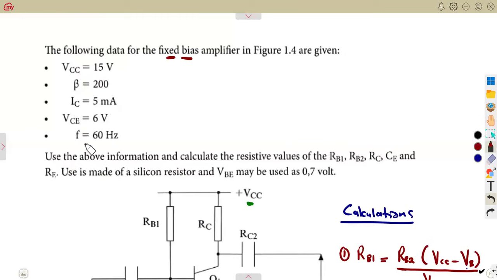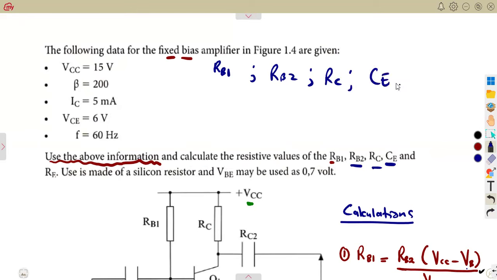the frequency. Use the above information and calculate the resistive values of, you are given to calculate, what? RB1. So you need to calculate RB1, RB2, RC, and also CE. Okay, the CE and RE. Okay, so this one is RE.